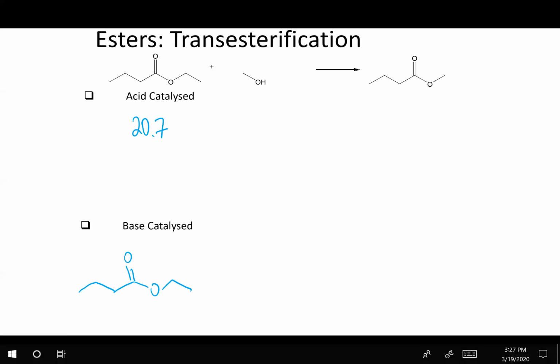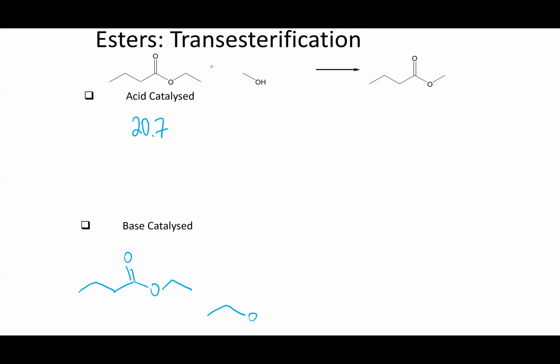So if we were doing this with this species, in base catalyzed, we'd have the alkoxide of the alcohol we wanted to do the transesterification with. So we would get nucleophilic attack.